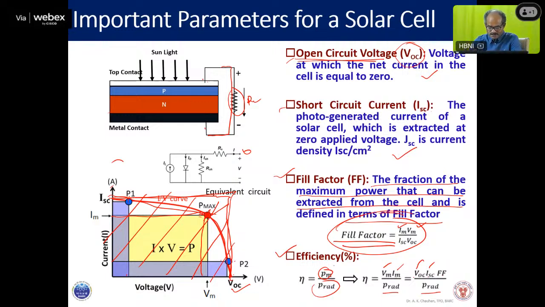So it is actually a dynamic calculation. But once you find the fill factor for that particular solar cell under that intensity, if you do not change the intensity, it will remain constant for that solar cell.